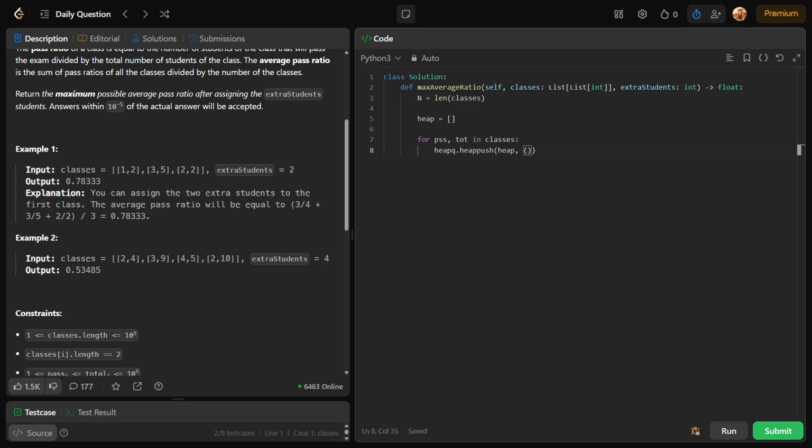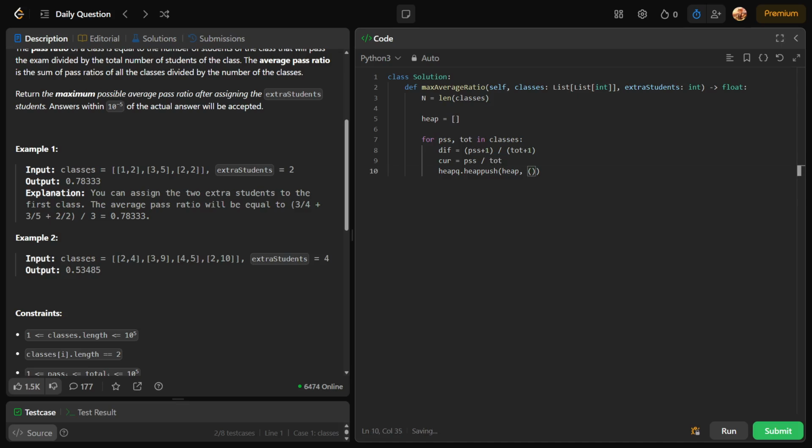So the diff is equal to (pass plus 1) divided by (total plus 1), and then current is equal to pass divided by total.